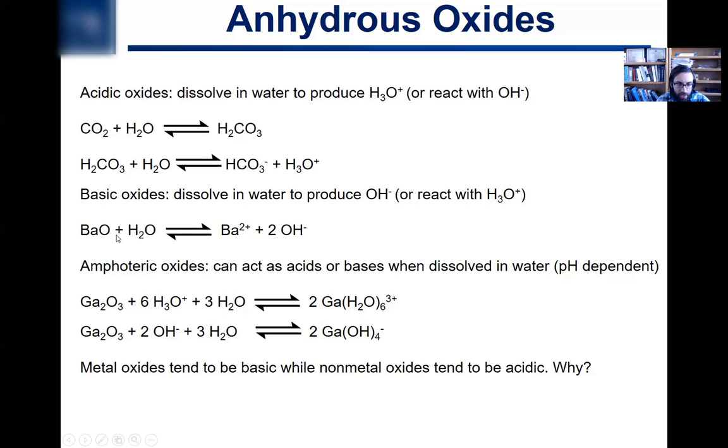But here, the reactivity is very different. It's just forming an ion right away. The barium wants to be a metal ion, and in order to do that, it gives off a hydroxide, so it makes a base. And so that's why metal oxides are more basic than non-metal oxides. It's because of their ionic nature.